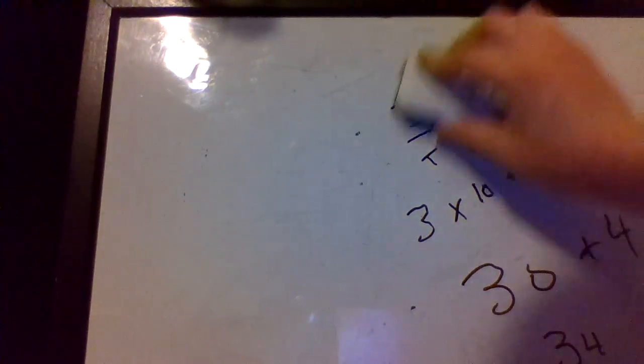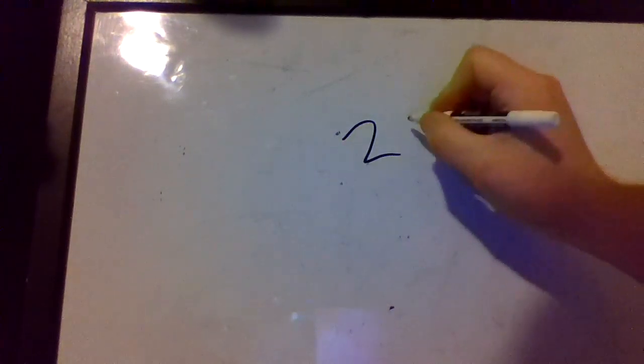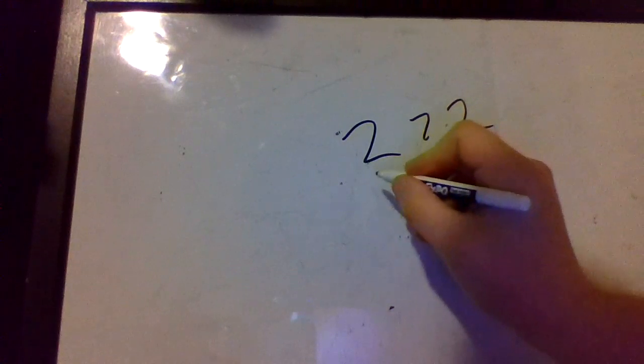All right. So we've looked at 2-digit place value. Now let's look at 3-digit place value. So this is where it gets a little interesting. So if we have a number such as 272, this 2 is in the hundreds place.